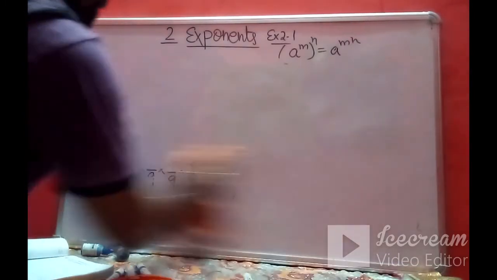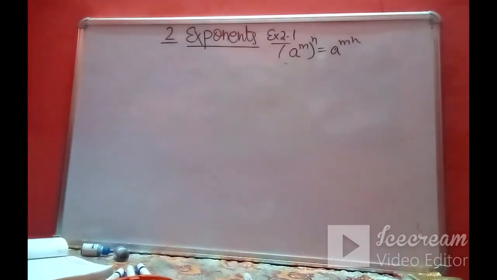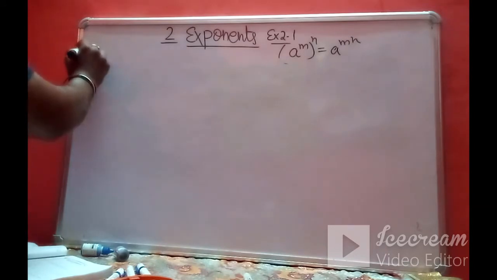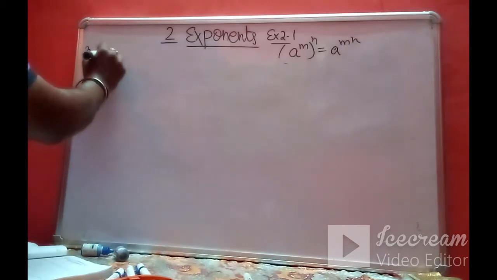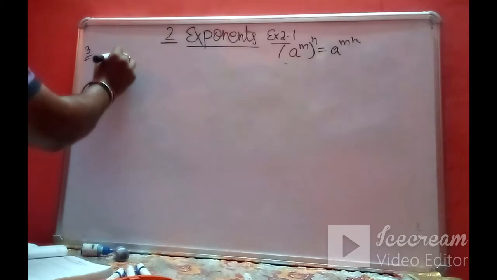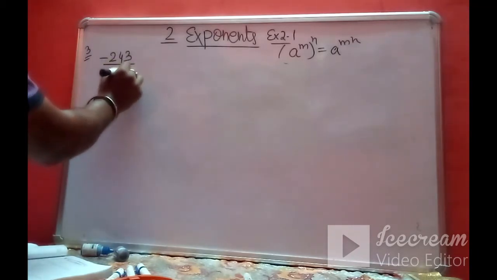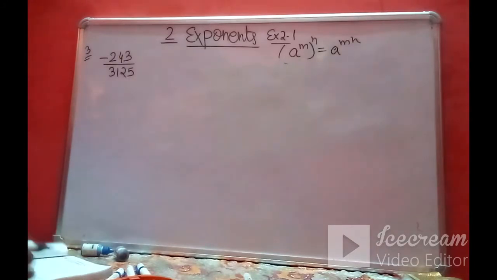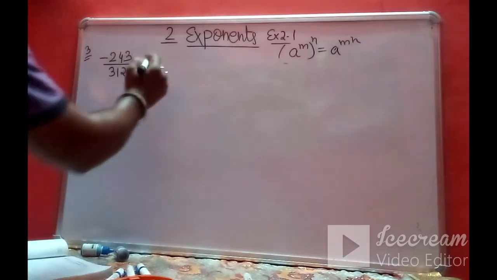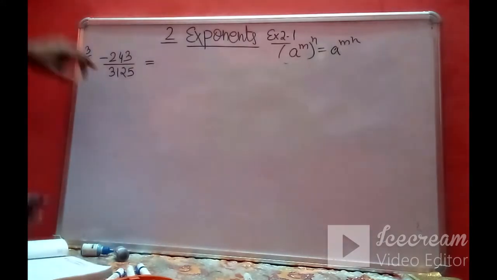Okay, let's see question number 2. Whenever you have to express the given fraction in exponential form like this one, we will do the prime factorization of the individual numbers.